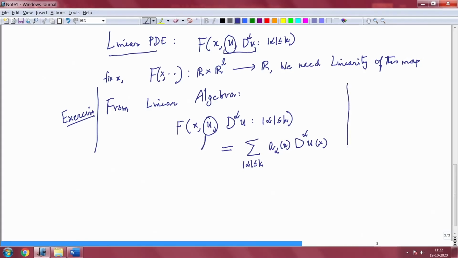The general equation can be written in this form. I only separated it, there is nothing wrong with the previous way of writing, but this is the best way of writing. Mod alpha less than or equal to k is mentioned because when mod alpha equals 0, you get D^0 of u, which is nothing but u, and you get back this term.